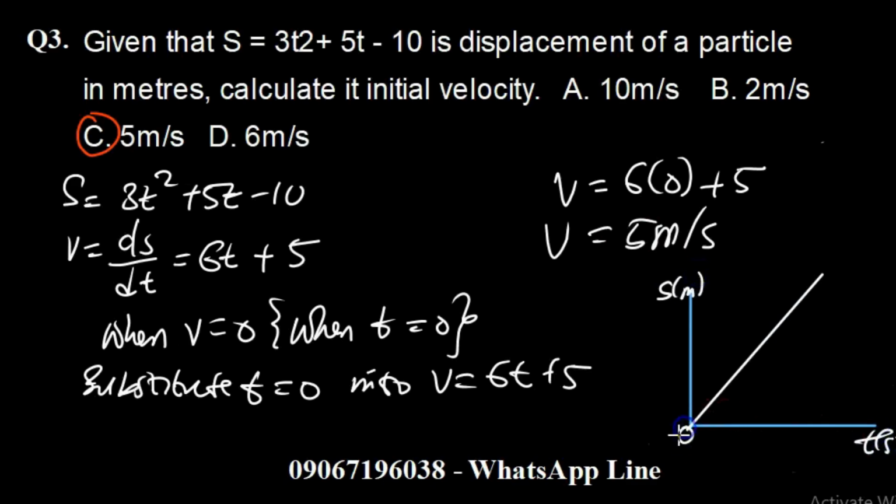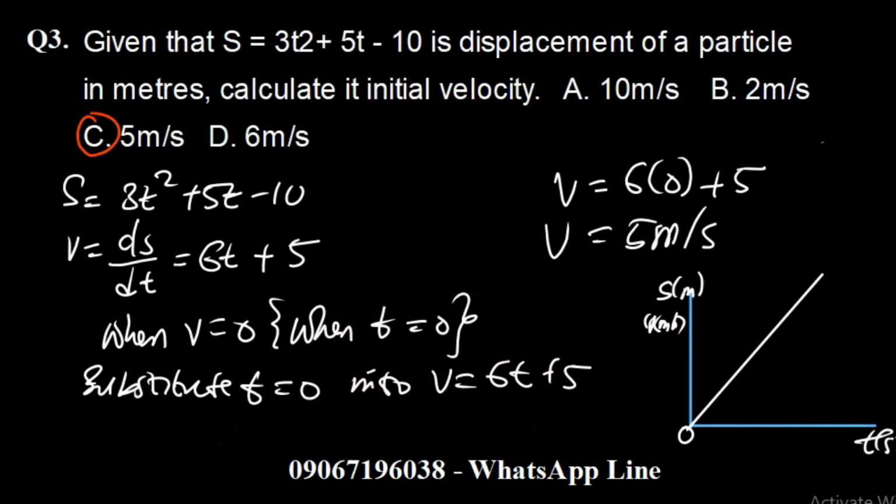At this point we have 0, so this is the origin. At time 0, we're going to have an initial velocity until the object begins to start moving. Same thing if this is velocity in meters per second against time. The minimum velocity starts when time is equal to 0 and it begins to increase, with a corresponding increase on the time axis. So this is what we have.